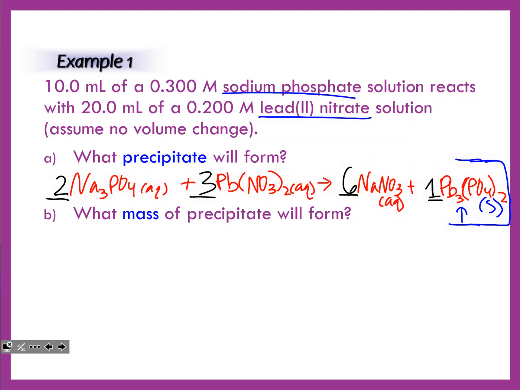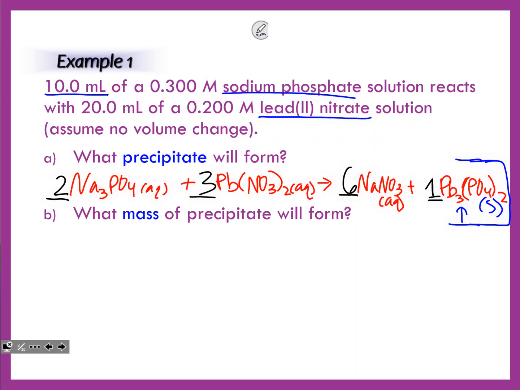Now we can do the stoichiometry part. And this is where it gets fun, because now you have the added extra part of the molarity to contend with. But as we're doing in the solubility and solution notes, where we talked about molarity, we could use it as a conversion factor.